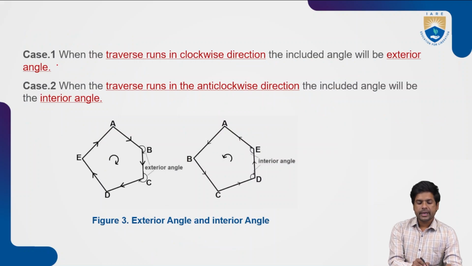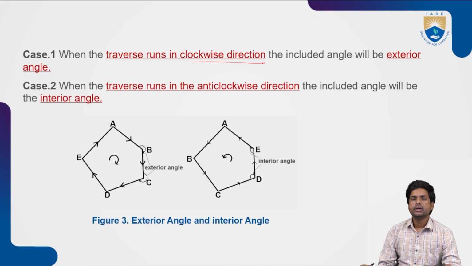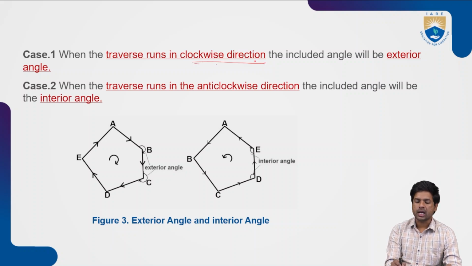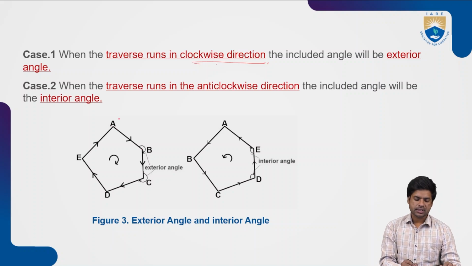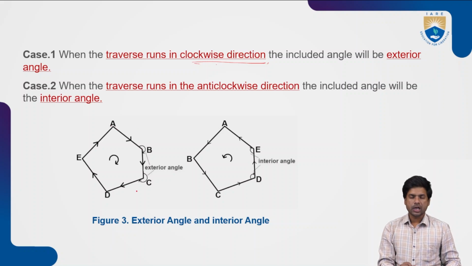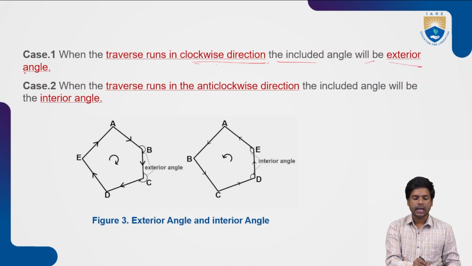Case 1. When the traverse runs in the clockwise direction, that is in this form, from A to B, B to C, C to D, D to E, and E to A, the included angle will be the exterior angle.